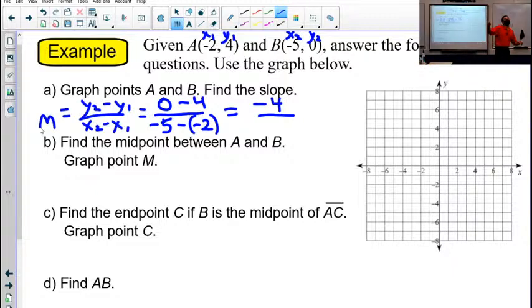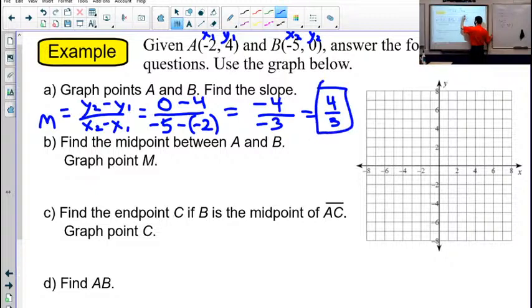Negative 5 minus a negative 2 would be negative 5 plus 2, so it's going to get less negative. It's going to be negative 3. So we have negative 4 over negative 3. Negative divided by negative is a positive 4/3 for my slope.